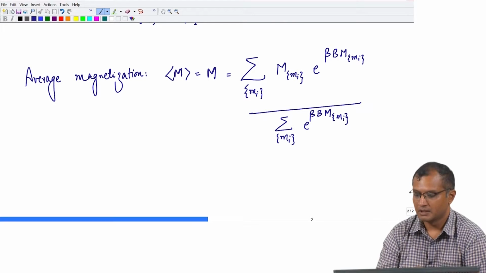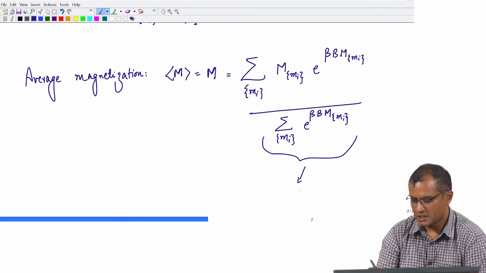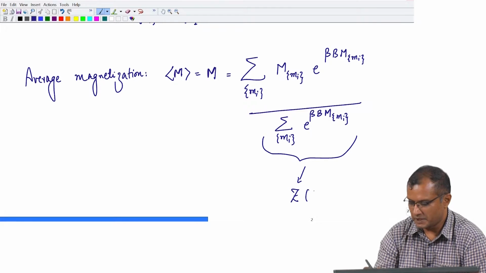The denominator is nothing but our Gibbs canonical partition function.